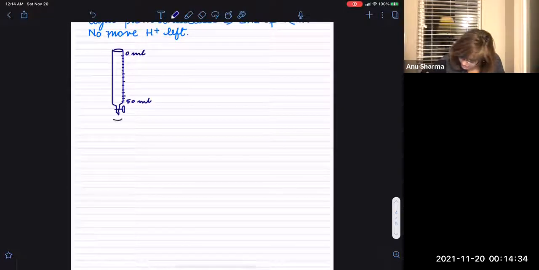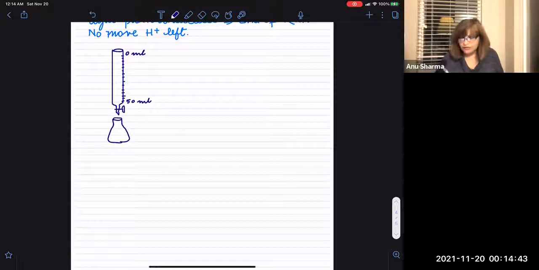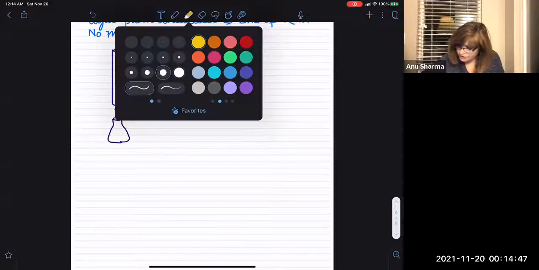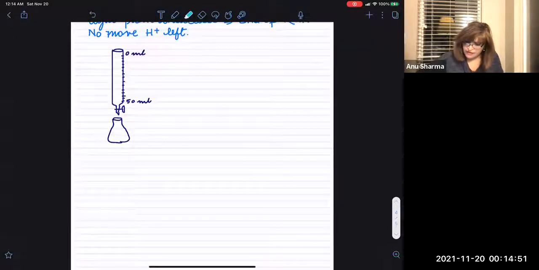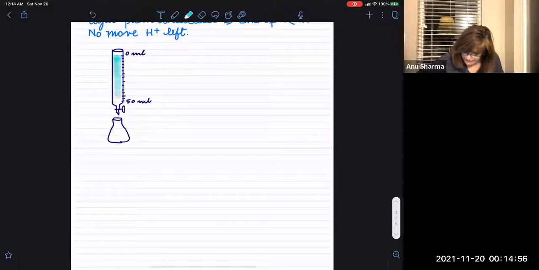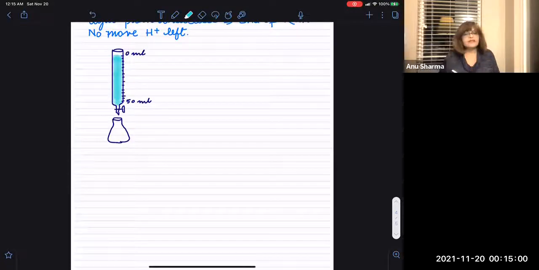Here you're going to put an Erlenmeyer flask, and that Erlenmeyer flask will have some amount of acid, through a pipette. This is what you do. You are going to add the base here, fill up the base. So the base is here, and this base is filled up.